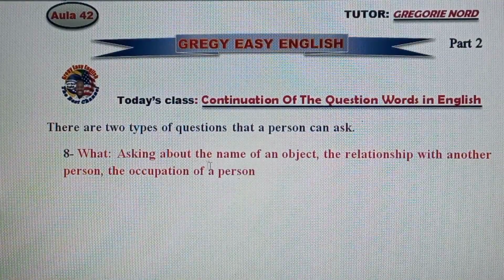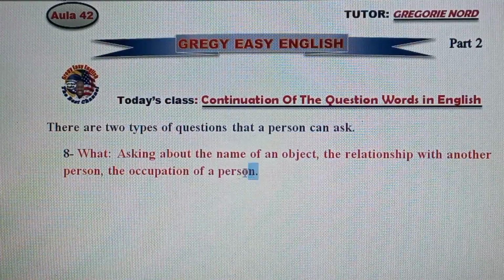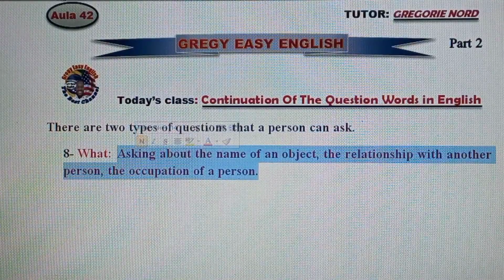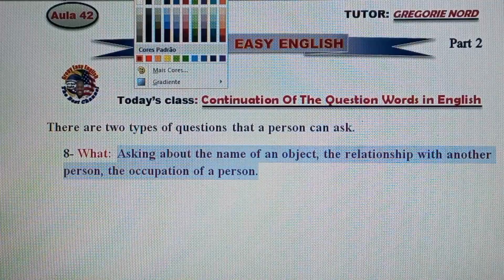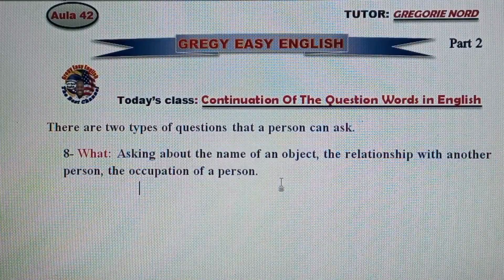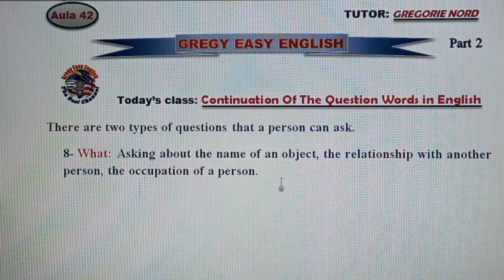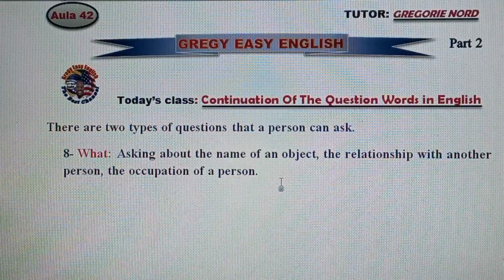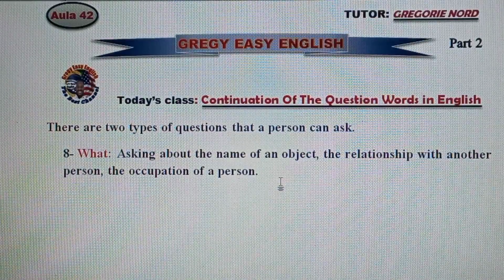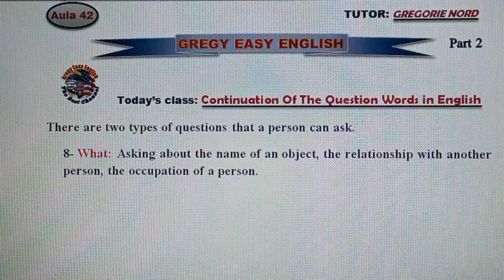The question word what, asking about the name of an object, asking about the relationship with another person, asking about the occupation of a person.